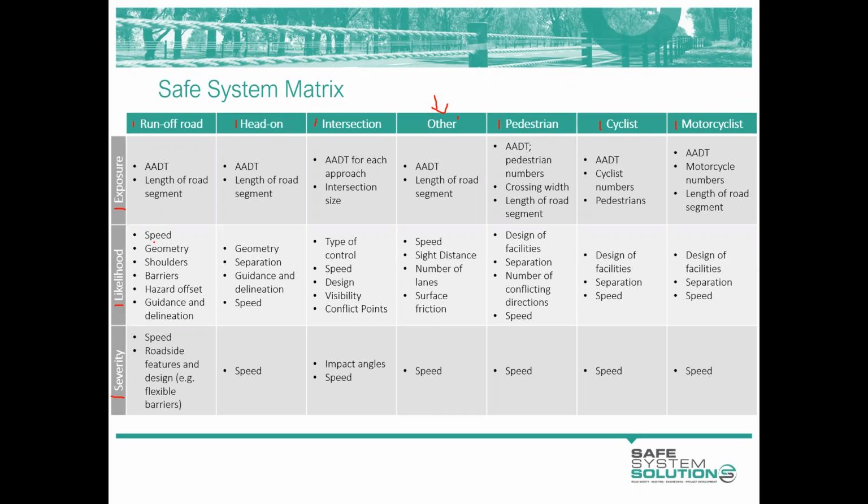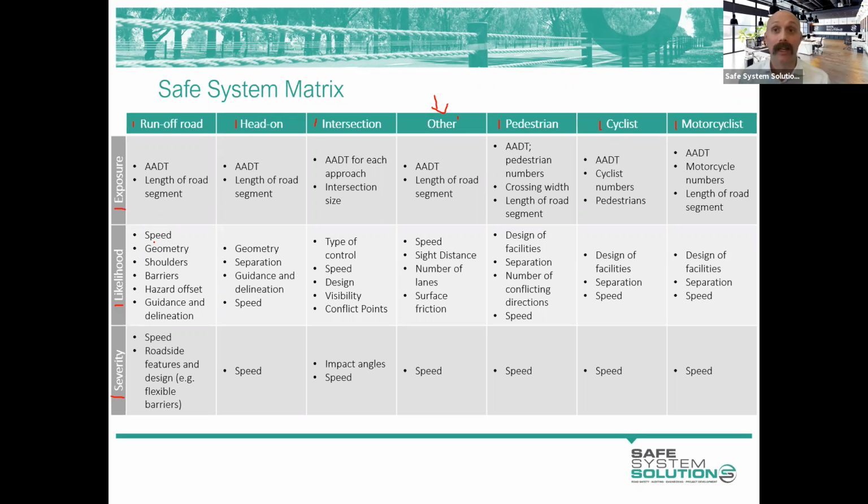Could you argue that a percentage of heavy vehicles would be a severity variable? Yes, absolutely. Yep, spot on. And we'll definitely put that as a severity influencer. You may, in some circumstances, put it as a likelihood variable if the particulars of the vehicle, and maybe its swept path or something like that, is going to make it more likely a crash happens.